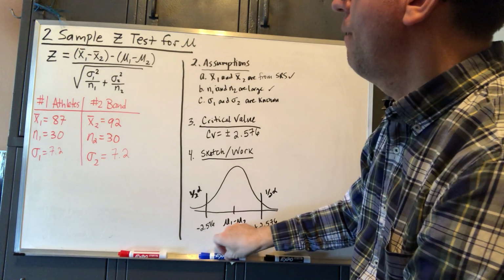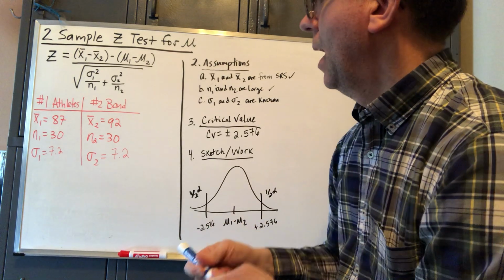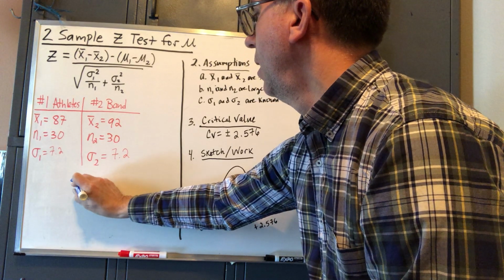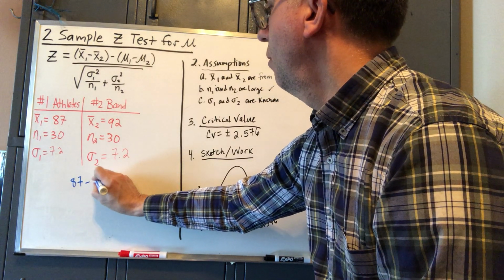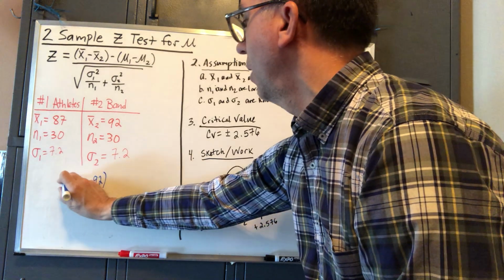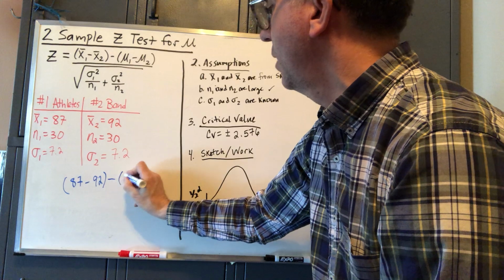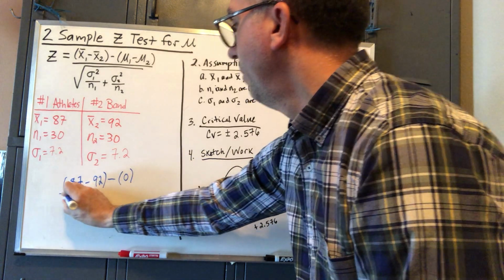All right, so substituting our values in from this problem, z equals x bar 1, which is 87, minus 92. So we just filled in for the x bars. Minus, remember that difference was 0, stated in our null hypothesis.